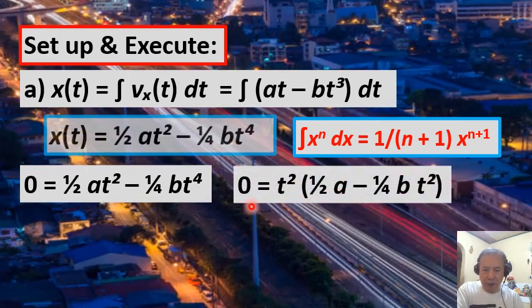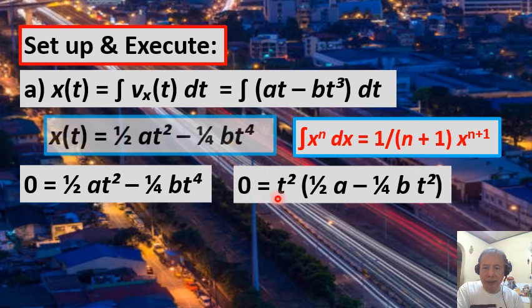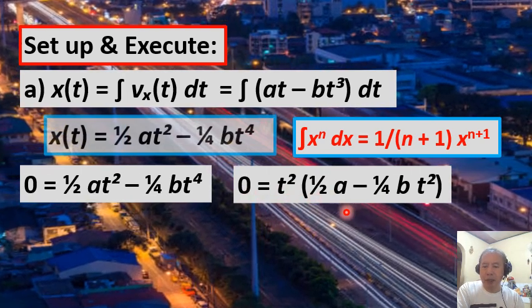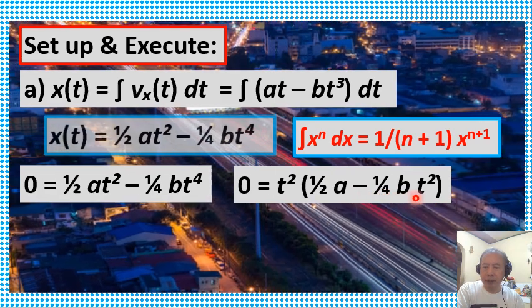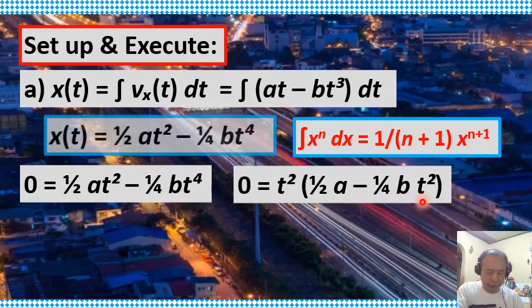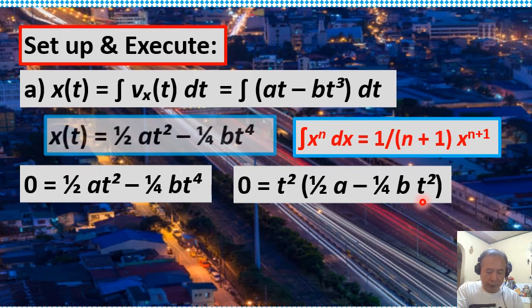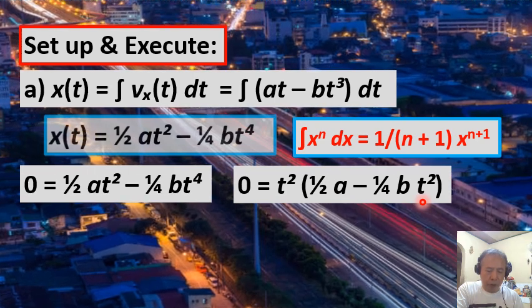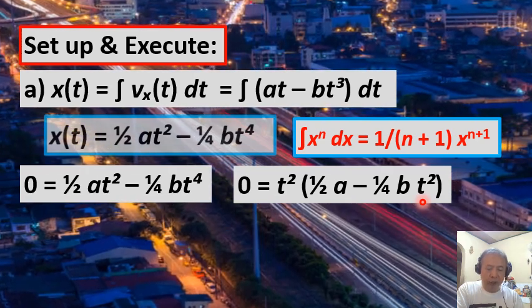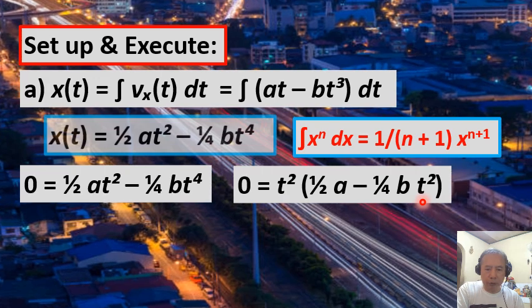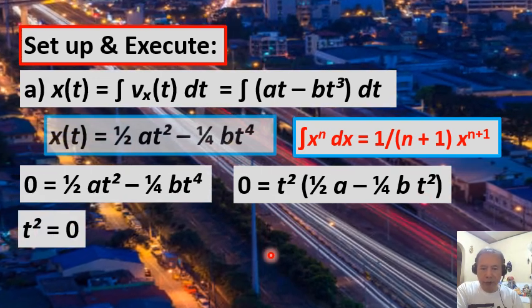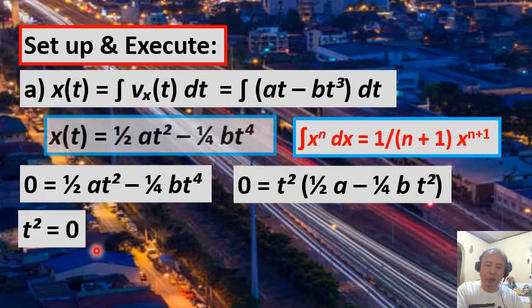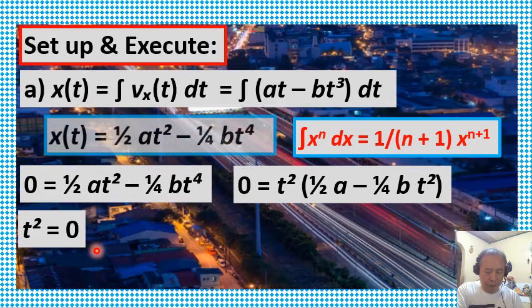So we get the equation 0 equals t squared times quantity 1/2 a minus 1/4 times b times t squared. So we get 1 root, t squared equals 0, or simply t equals 0.